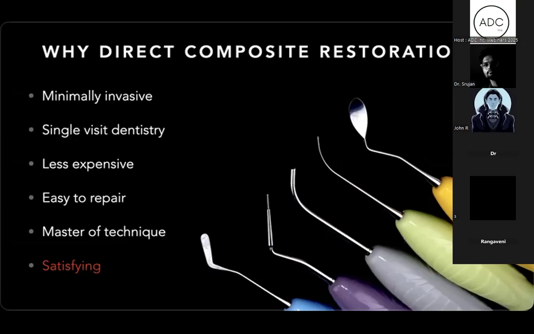Do you have to remove the entire restoration? Obviously not. You can just etch, bond again, probably give a small bevel over there, and just complete the restoration. That's it. You're done. And because of all of this, it is super, super satisfying.